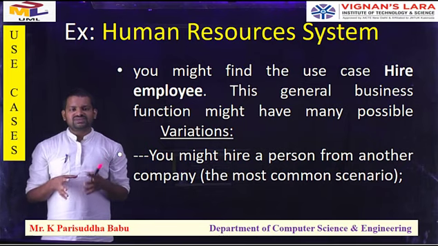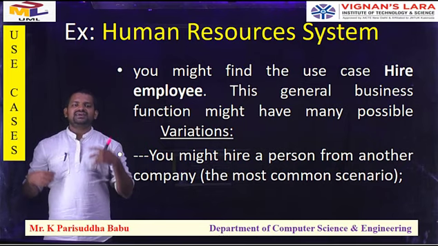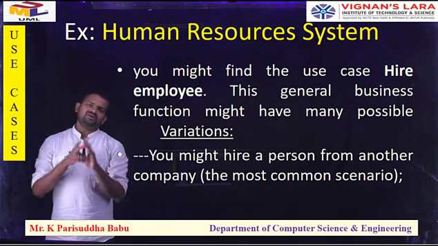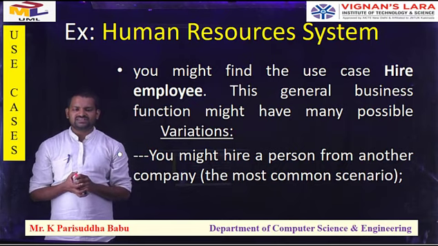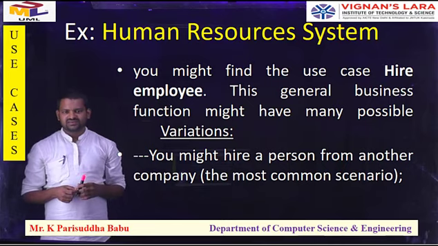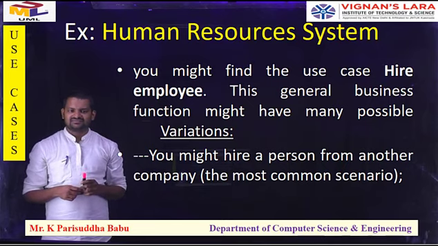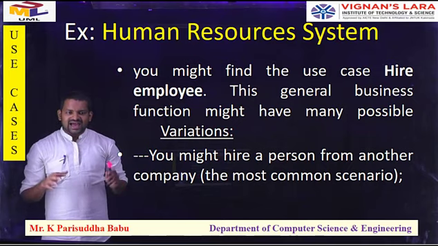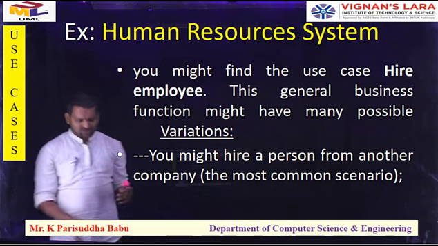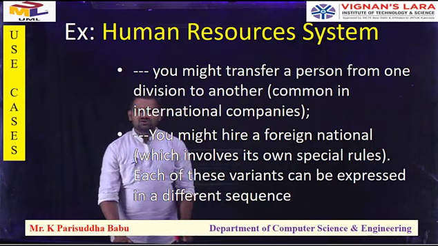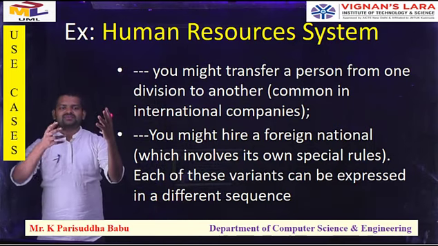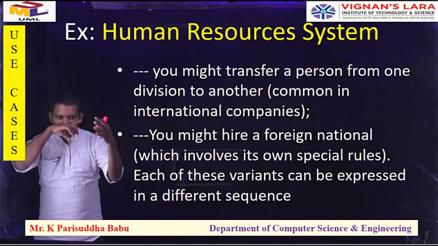This general business function might have many possible variations. What are the possible variations? You might hire a person from another company. That is one kind of variation, and the most common scenario. Also, you might transfer a person from one division to another division.